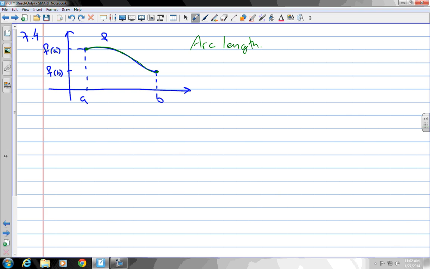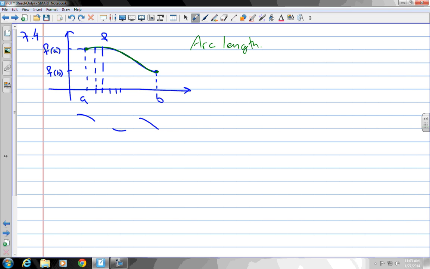Just like anything else that we've been doing so far, we're going to start cutting this thing into little pieces. I'm going to try to figure out the length of each piece and then add everything together. Now we have to be a little careful here, because when we actually start cutting, our piece is going to look like this or like that or whatever. They're still going to have some kind of a slope or whatnot.